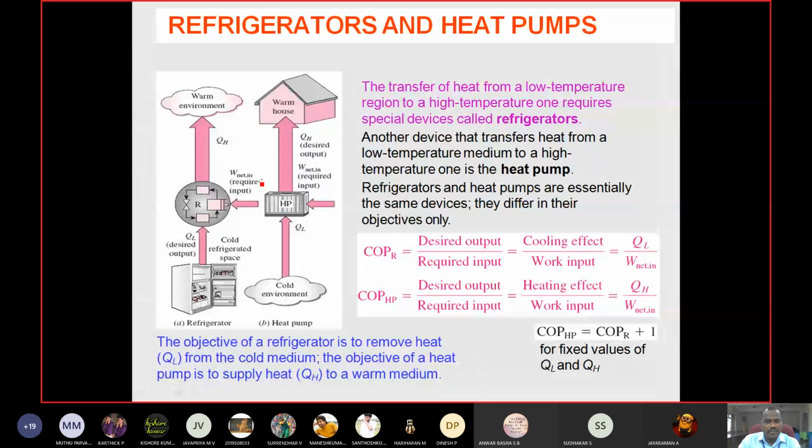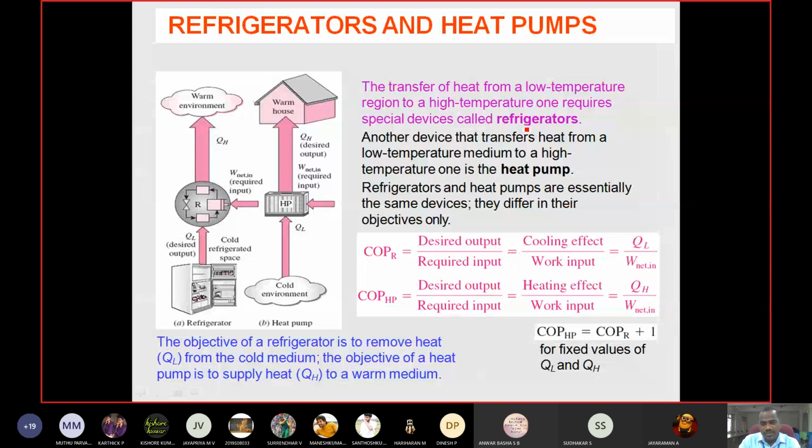The transfer of heat from a low temperature region to a high temperature one requires a special device called a refrigerator, right? Then another device that transfers heat from a low temperature medium to a high temperature one is the heat pump.